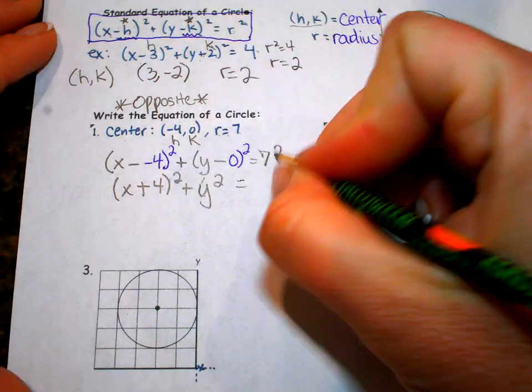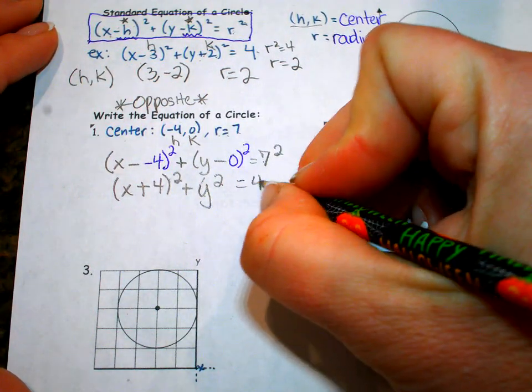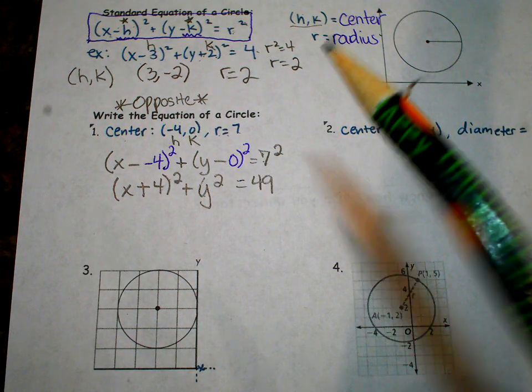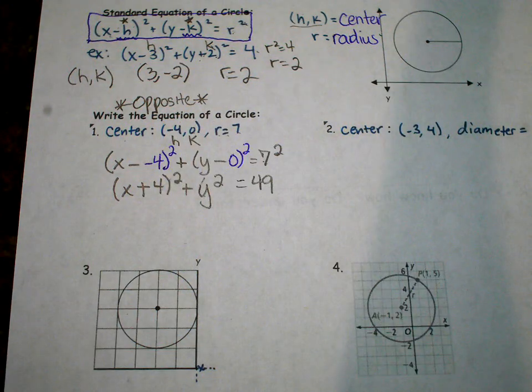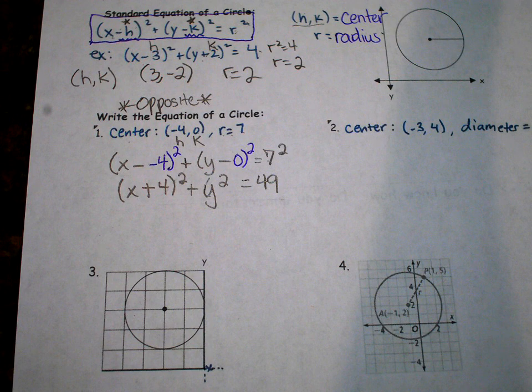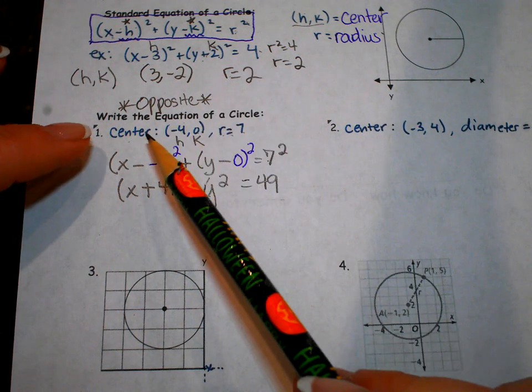Radius squared, 7 squared, 49. So this is now the equation of the circle if my center is at -4, 0, and my radius is 7. This is the formula that I would write out for my equation. Now, again, we're not going to be doing graphing today. We're just talking about given pieces of information.